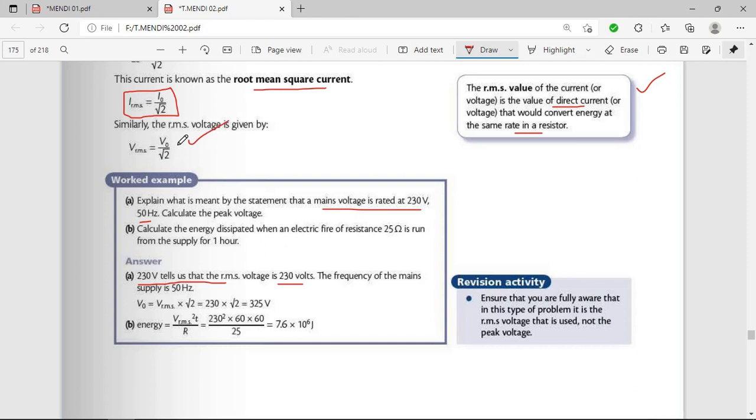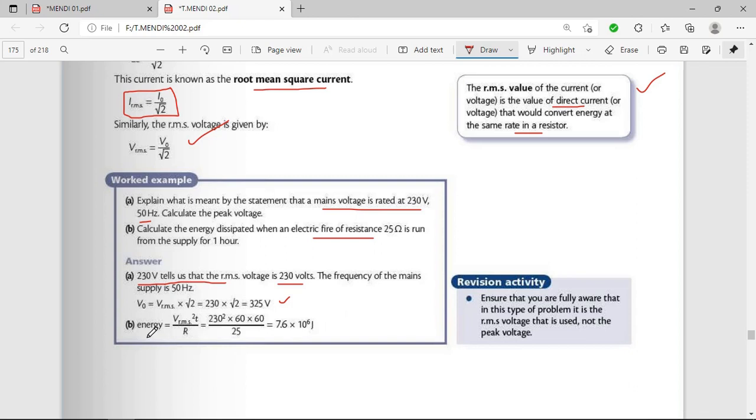To find the peak V naught, we take the root mean square voltage times root 2, and we get 325 volts. Then for part B, calculate the energy dissipated when an electric fire of resistance 25 ohms is run from the supply for 1 hour.